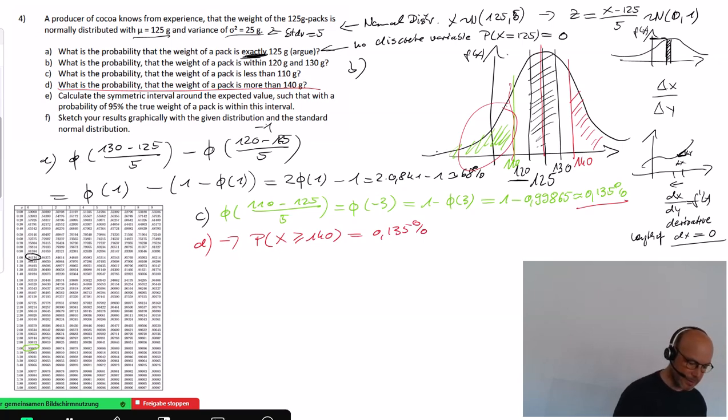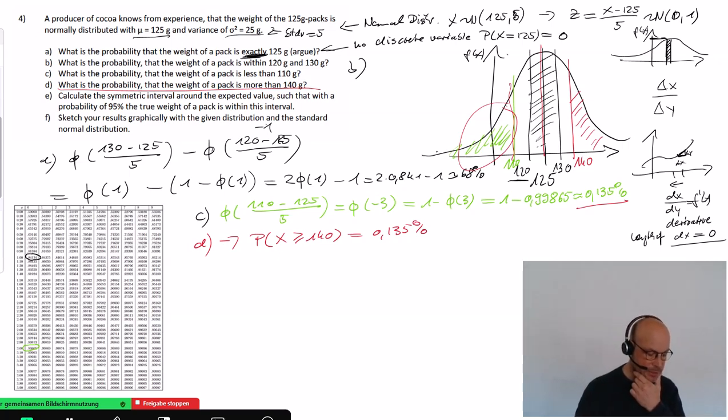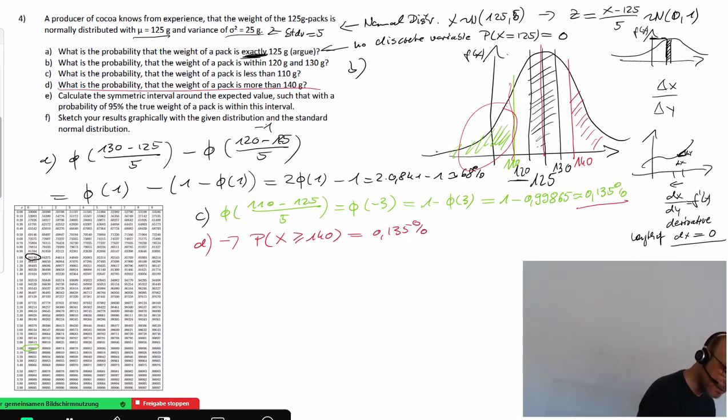Great. This is really good. Thank you very much. So, calculate the symmetric interval. Now we switch it around. Calculate the symmetric interval around the expected value such that with a probability of 95%, the true weight of a pack is within this interval. This we will do very, very often later on when we are doing hypothesis testing.